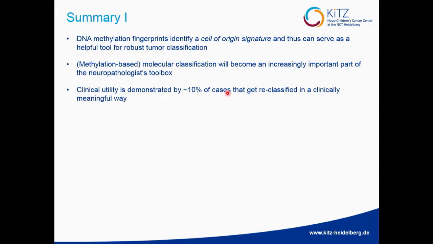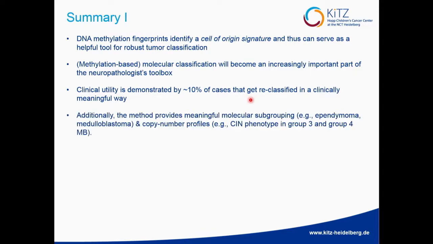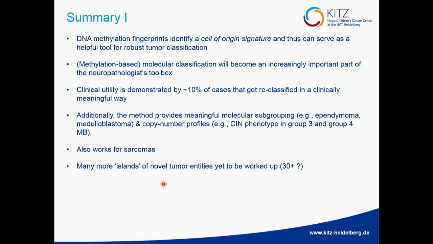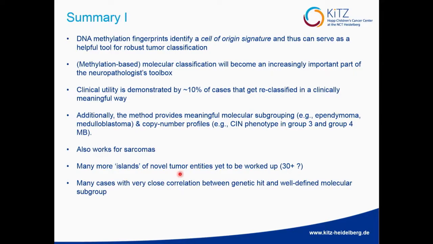We really see the clinical utility of this based on the rate of misclassification, which we think is stable around 10–12%. Additionally, we get meaningful molecular subgrouping and copy number profiles from the methylation data. It also works for sarcomas. Many more islands are yet to be discovered and understood. We are currently looking into about 30 of them with different collaborators across the world.